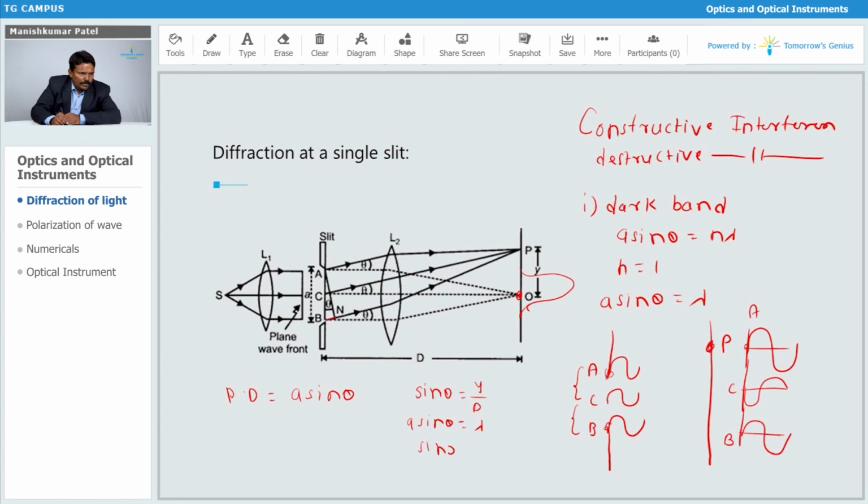So sine theta equals lambda upon a. So this is y upon D equals lambda upon a. According to that, y equals lambda D upon a. This is the distance y, which you can find in terms of the slit width.